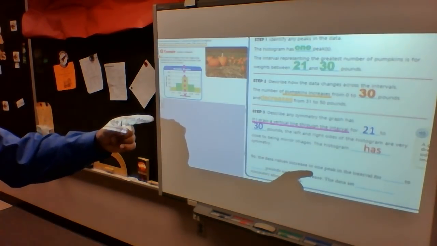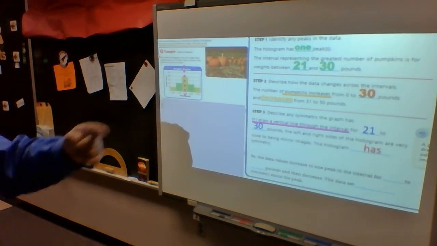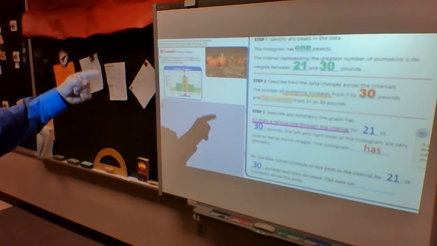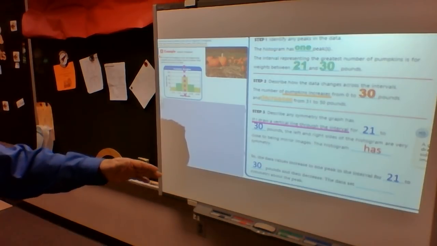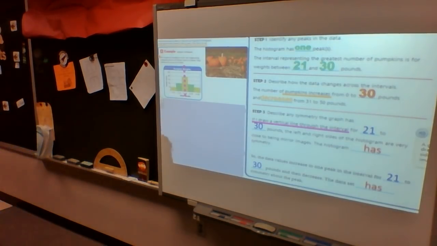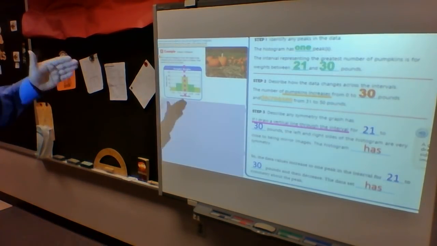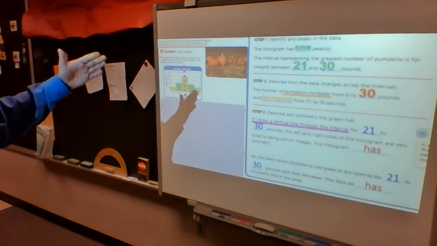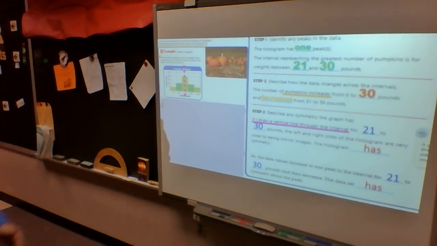So the data value increases to one peak in the interval for 21 to 30 pounds, and then it decreases. The data set has symmetry about the peak. So it's saying the peak, the highest point, when I divide it side by side, I have a very similar pattern on both sides of the symmetry. It does have symmetry to it.